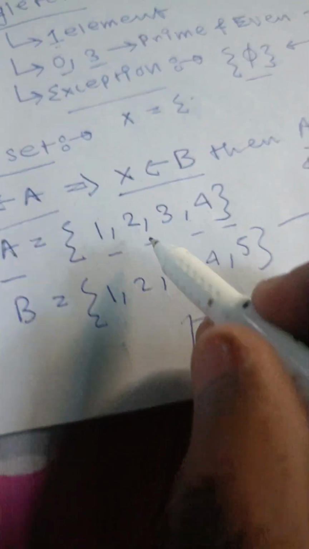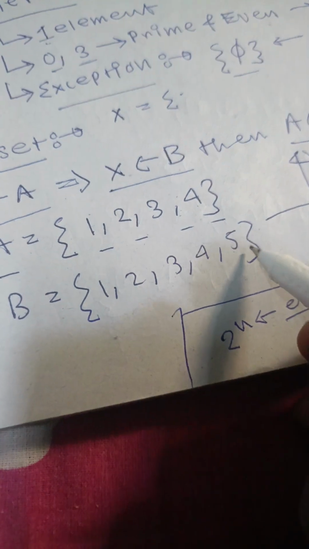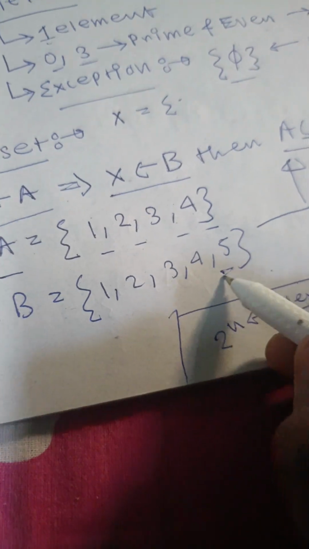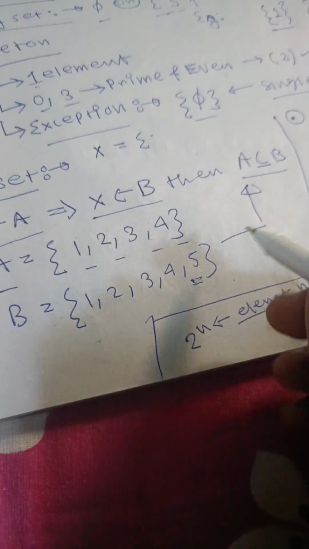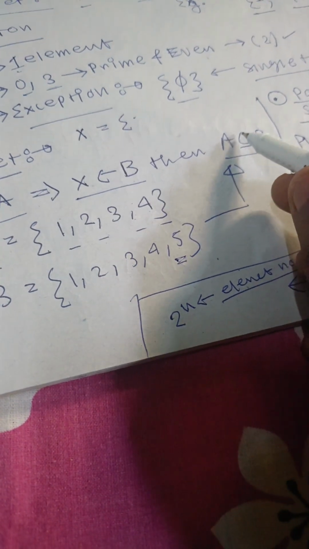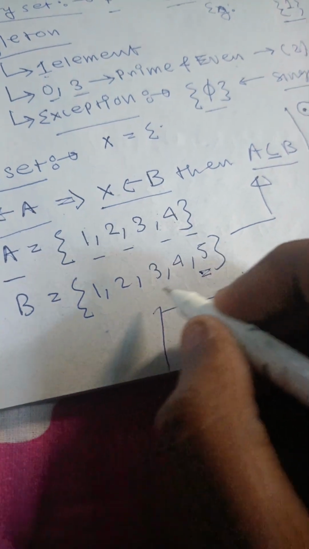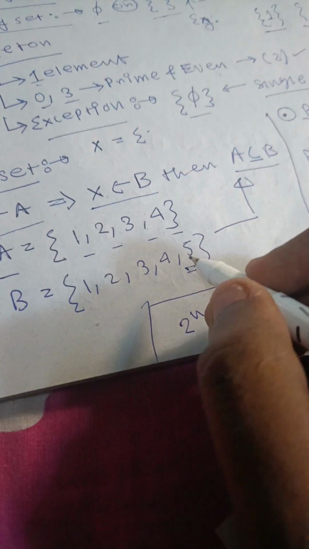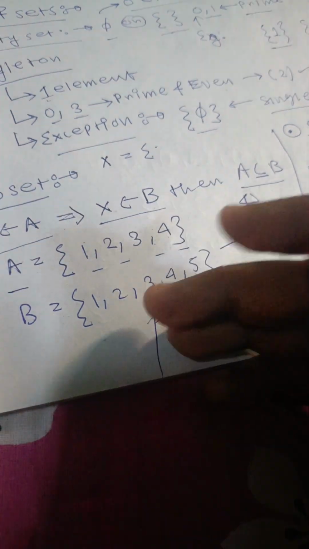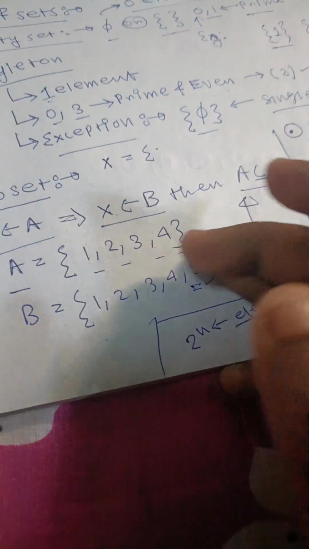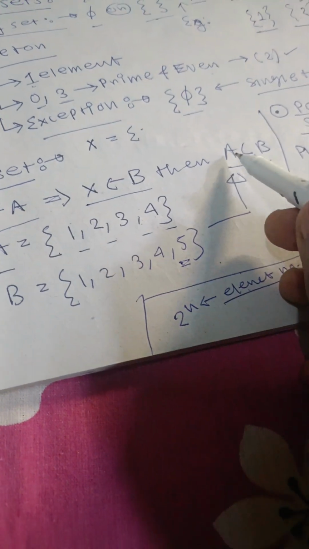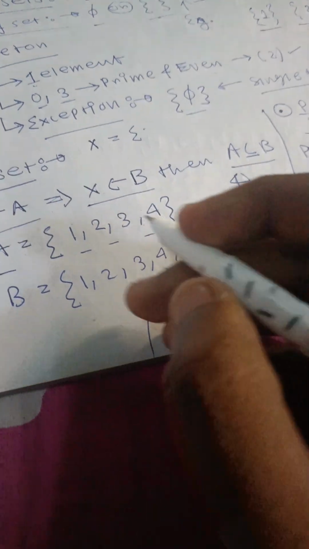So we can see 1, 2, 3, 4 are there, and here is an extra element, that is 5. So we can write that A is a subset of B, because B has all the elements that are present in A and has an extra element too. That is why we can say that A is a subset of B. Okay.